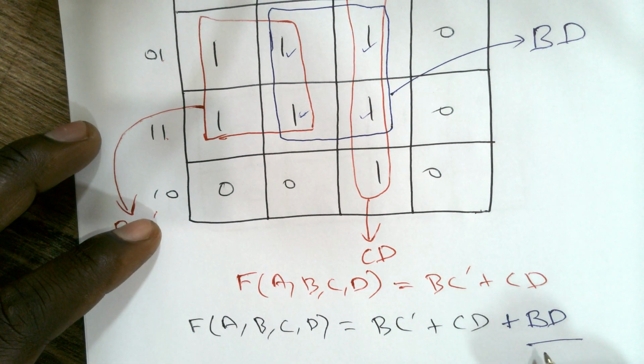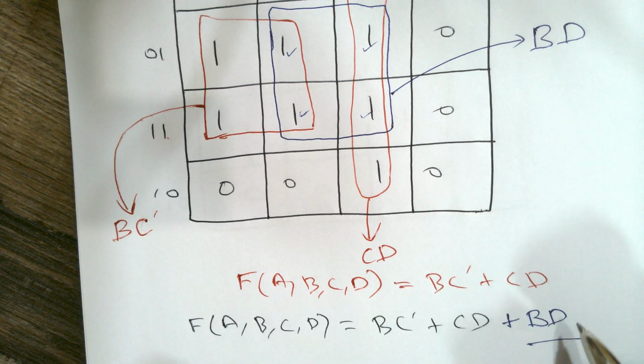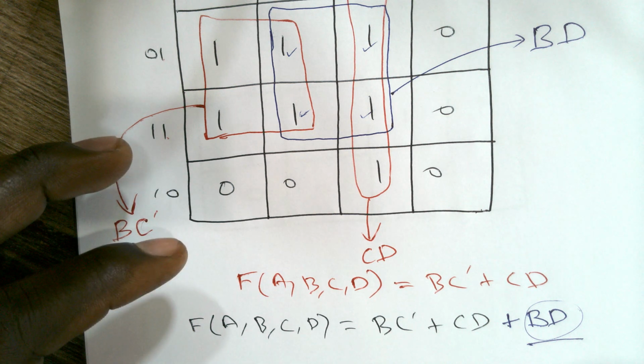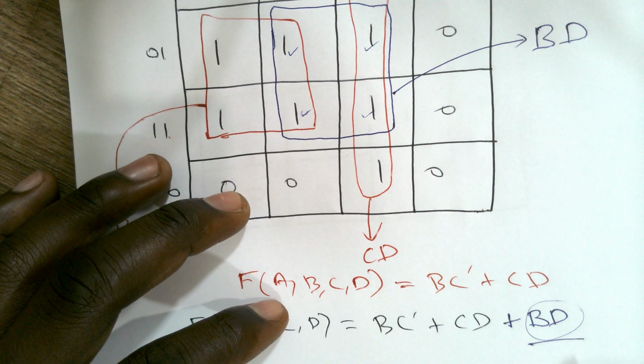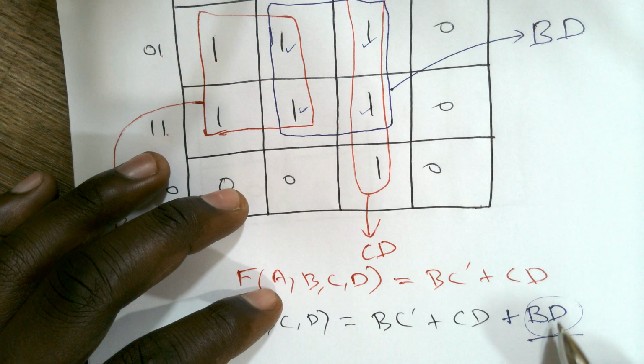By adding that to our minimum SOP, yes, it's going to add hardware to our circuit, an AND gate, but it's going to guarantee that our circuit is hazard free. So that is how we eliminate a hazard from the circuit, by adding the consensus term BD.